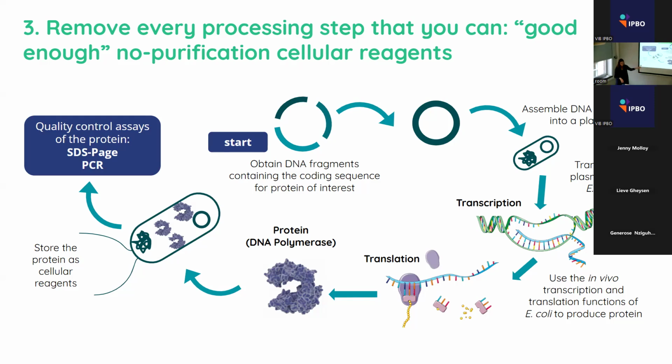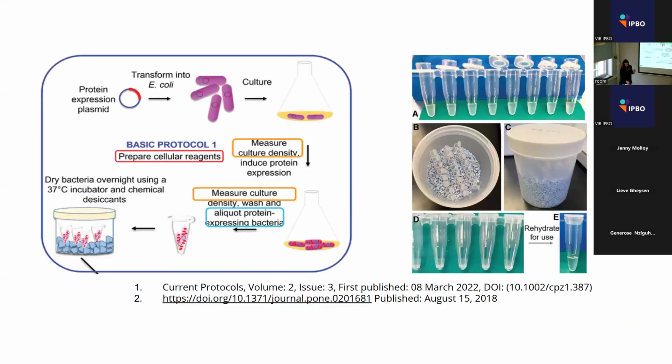This is what we teach on our training courses as a starting point. So the initial training course really teaches protein expression and then creation of the cellular reagents. We're working on an advanced course which will do actual purification, but this works very well. So this is just another version of the protocol. You can see here we've measured the culture density, we've washed it, and then what happens is we dry them overnight.